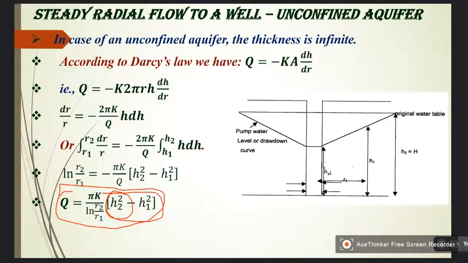So therefore, the drawdown curve is a parabolic. So this is called as cone of depression. In case of confined aquifer also we will call it as cone of depression.